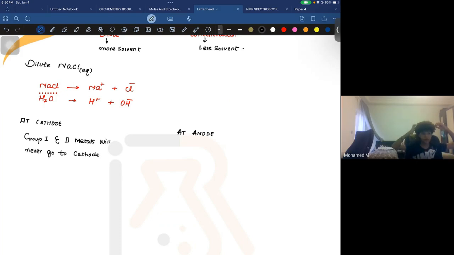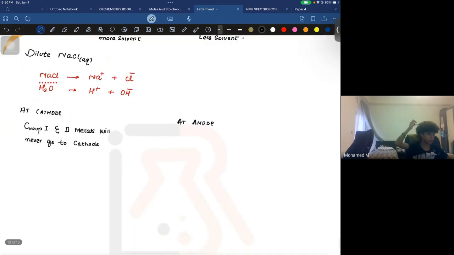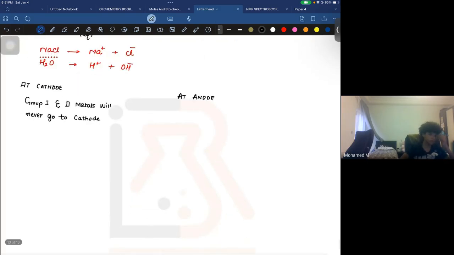But we did magnesium at the cathode, no? No, no, that was molten. It's not molten here, it's in aqueous state, remember. So only H plus would go towards the cathode.